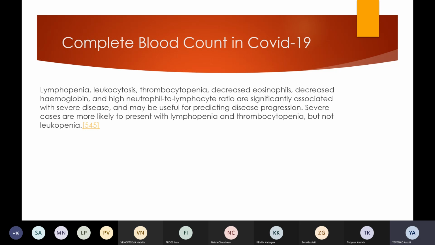Also, it is important to note that in children and in adults, there is a different ratio. For example, in adults, we have more neutrophils and fewer lymphocytes, and in children, we have the opposite situation. We have more lymphocytes and fewer neutrophils. In COVID-19, they are usually changed when there is a severe infection.